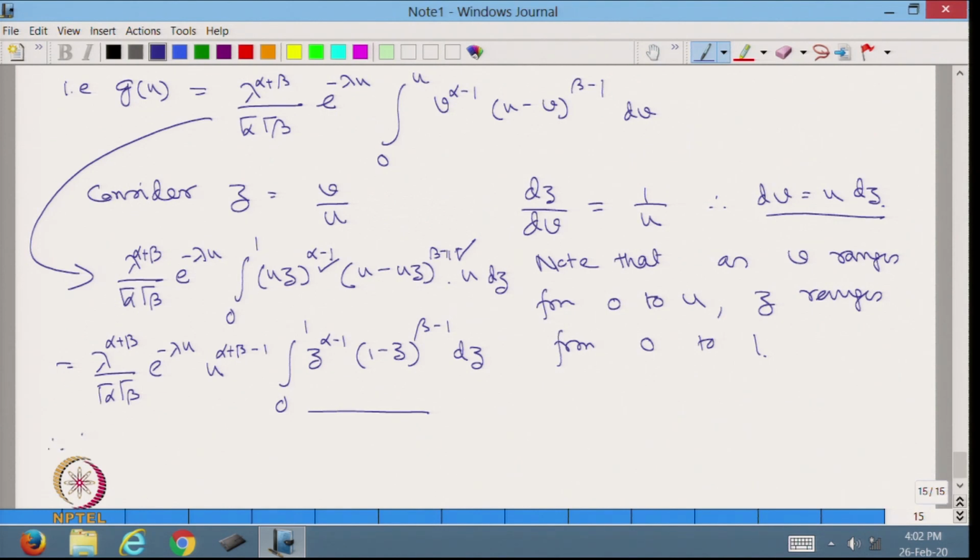Therefore, we have lambda to the power alpha plus beta upon gamma alpha gamma beta, e to the power minus lambda u, u to the power alpha plus beta minus 1, into beta of alpha comma beta.